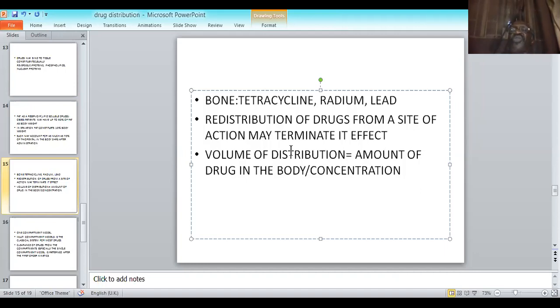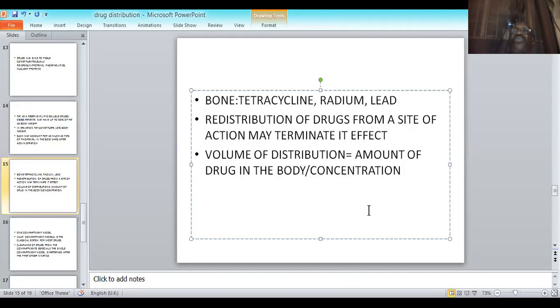The volume of distribution actually is taken as the amount of body fluids of a patient, for example, that can account for the amount of drug in the person's body. So volume of distribution can be high, volume can be low.